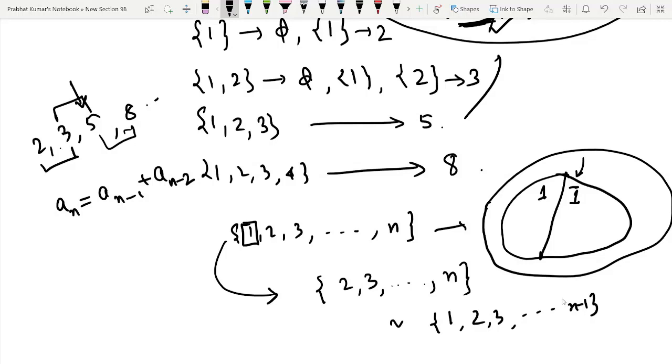Mathematically, it is no different from a group of n minus 1 consecutive integers. Here we have consecutive integers from 1 to n minus 1, and here we have the same pattern of consecutive integers up to n. Fundamentally these two sets are similar, so they should have an equal number of non-consecutive subsets.